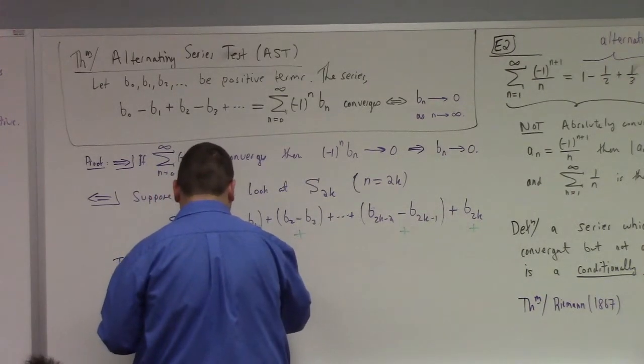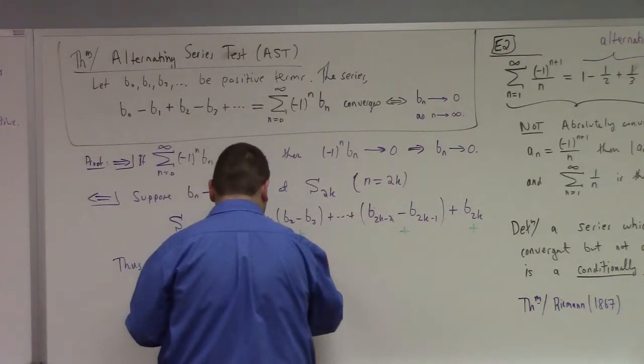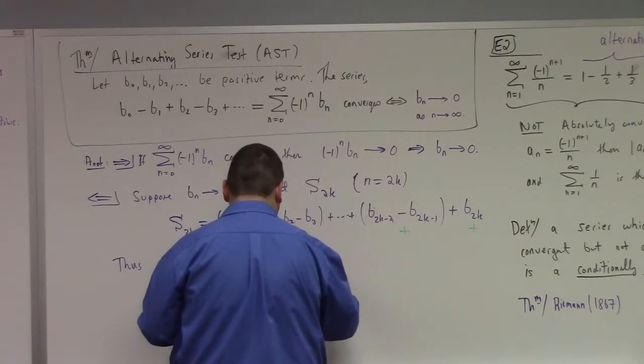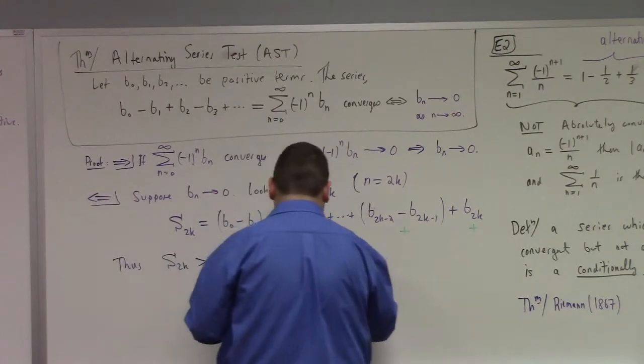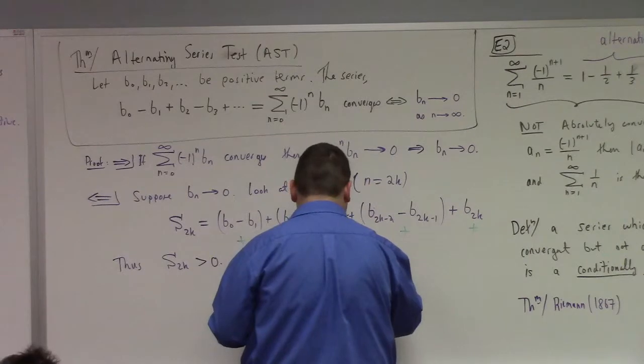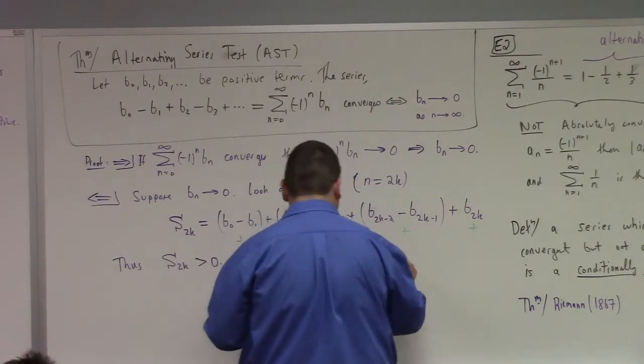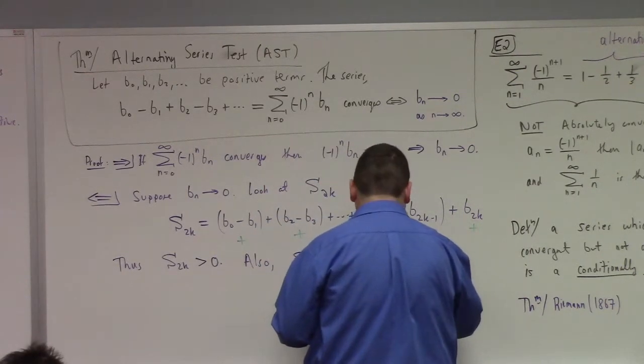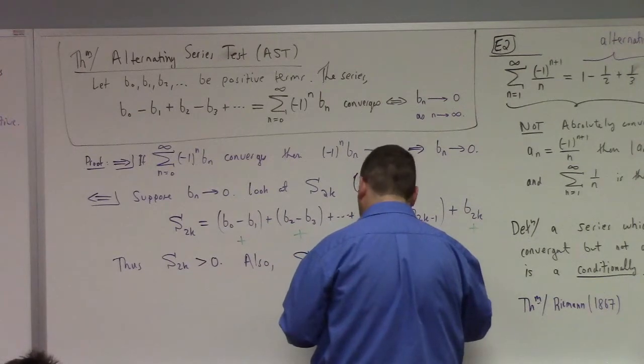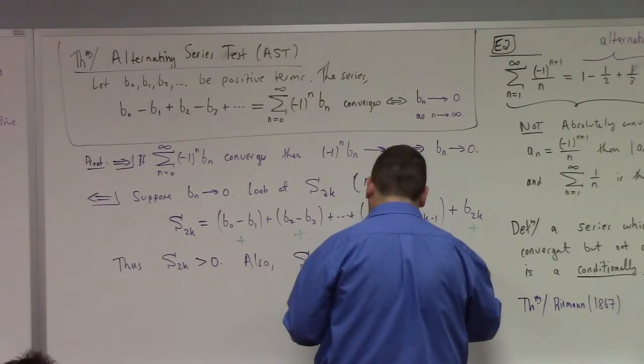Also, he points out that S sub 2k plus 2 is equal to S sub 2k minus parentheses b sub 2k plus 1 minus b sub 2k plus 2.